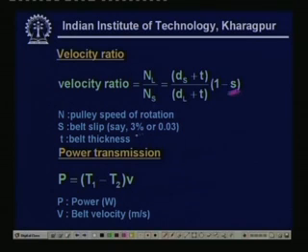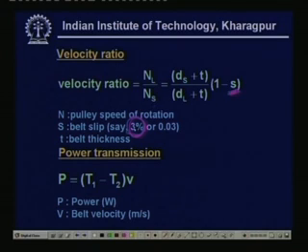Normally, you will see that 3% slip, well, it is not a final one, but around 3% slip is something we can consider a standard value. So if we consider a 3% slip, that means S is 0.03.